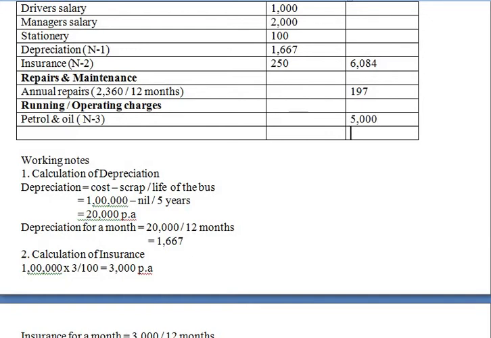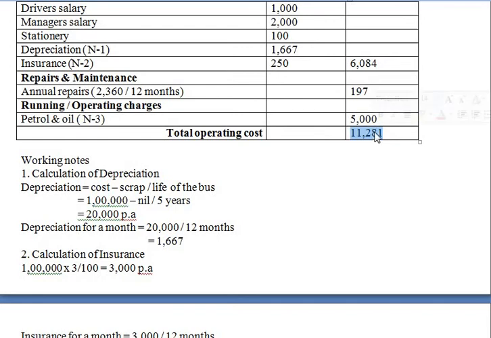Now make a total. So that will be 11,281. So this is called as total operating cost.